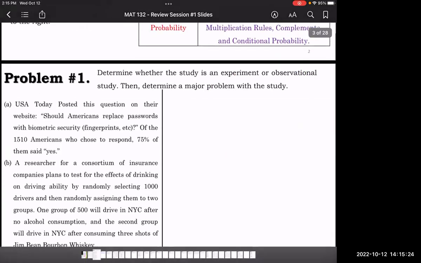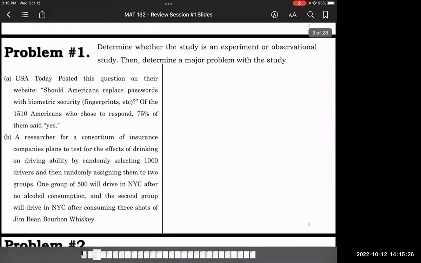Okay, so the very first problem, number 1, states to determine whether the study is an experimental or observational study, and then determine a major problem with the given study. So part A states that USA Today posted this question on their website: Should Americans replace passwords with biometric security, namely like fingerprints?